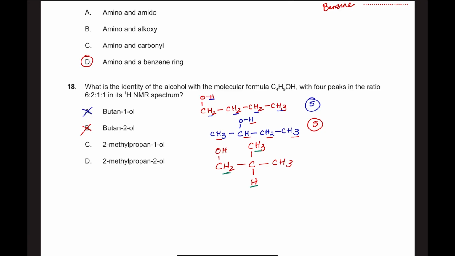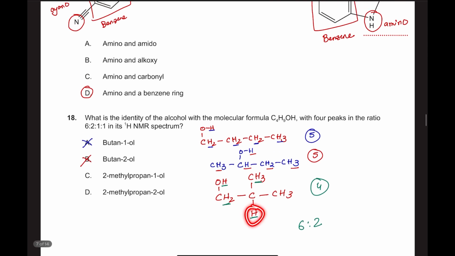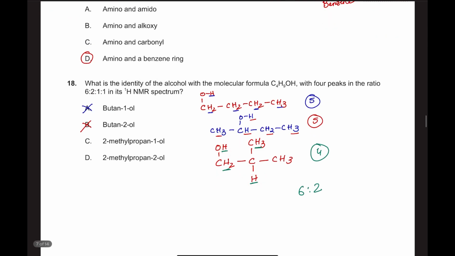So 1, 2, 3, 4. We have 4 hydrogen environments here. If you look into the ratios, there are 6 hydrogen atoms in one environment, that is these 6, right? Then you have 2 in this one, and then 1 here, 1 here. So 6 is to 2 is to 1 is to 1. Exactly matches with the ratio of the peaks. So answer should be option C.